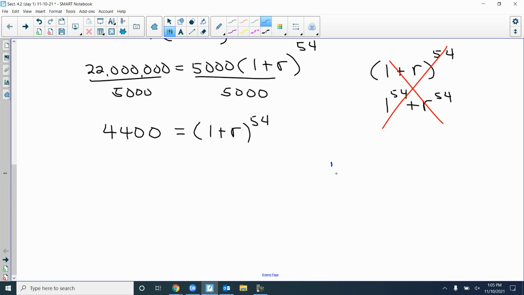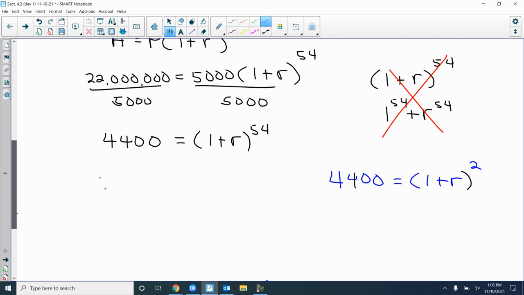All right, what if I had 4,400 equals 1 plus r squared? What would you do to solve it? Square root. All right, what are we going to do here? Take the 54th root. So we can take the 54th root of both sides. It's no different, except you're just not used to it.